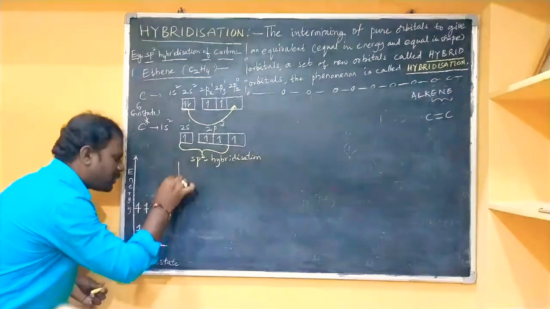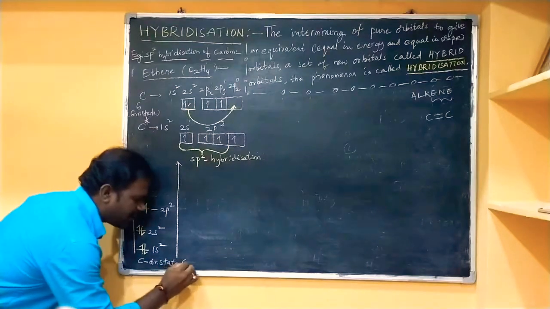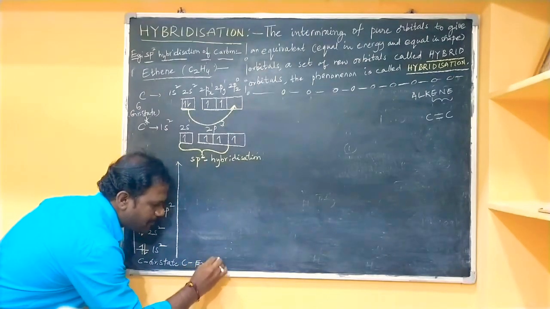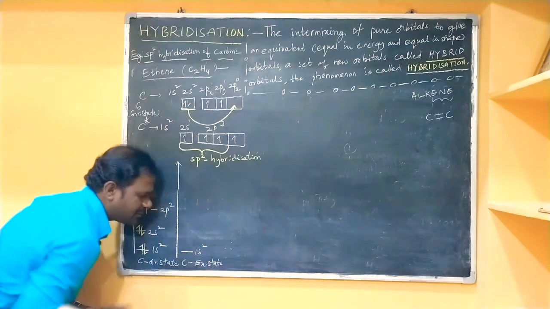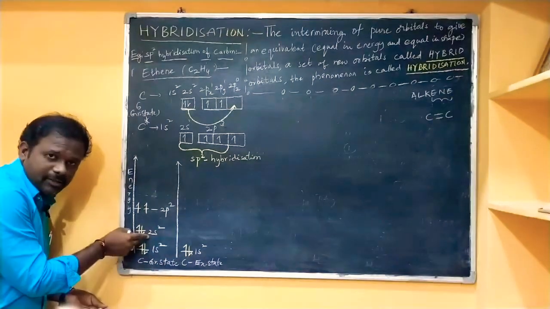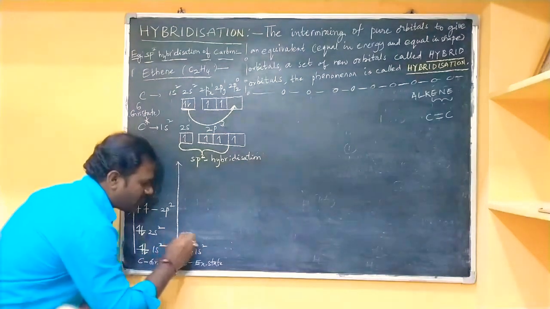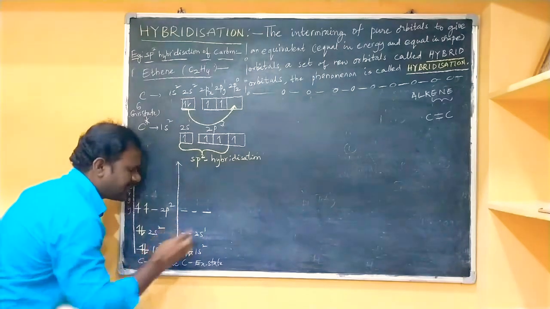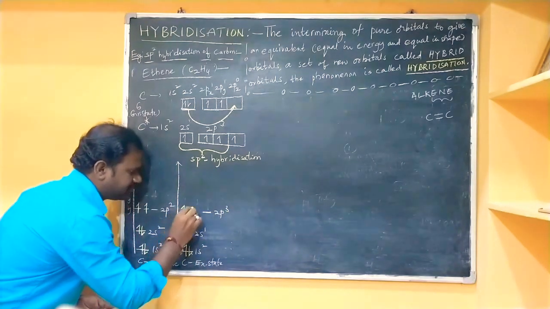Then by the promotion of an electron from a lower energy level to a higher energy level, carbon undergoes the excited state. So what is the electronic configuration? 1s2, and 2s1 2p3. We can represent it like this.